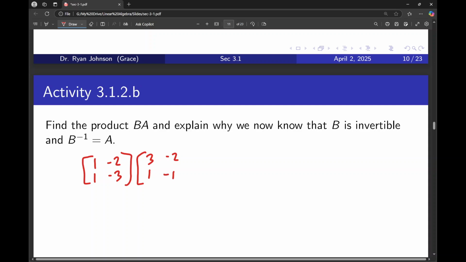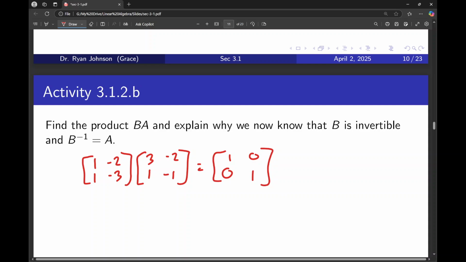Multiplying that out, that row times that column is 3 minus 2 is 1. That row times this column is -2 plus 2, 0. This row times this column is 3 minus 3 is 0. This row times that column is -2 plus 3 is 1.